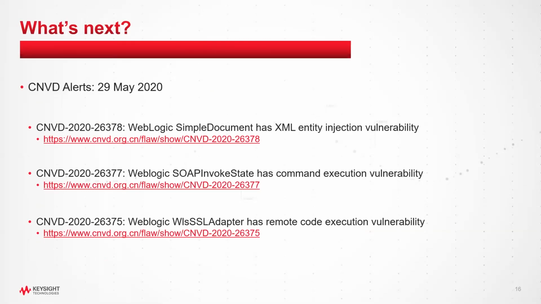Of course, the first one is not related to serialization or deserialization, but it has a 10 impact score. And the second and third one might be related to serialization or deserialization flaws, vulnerabilities.